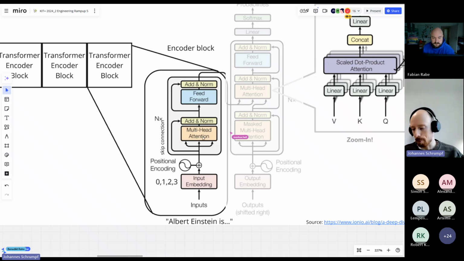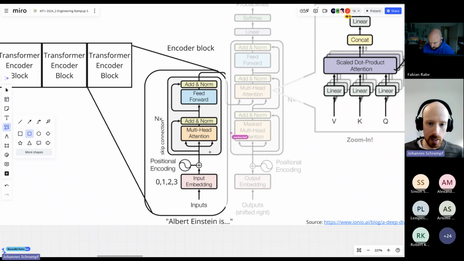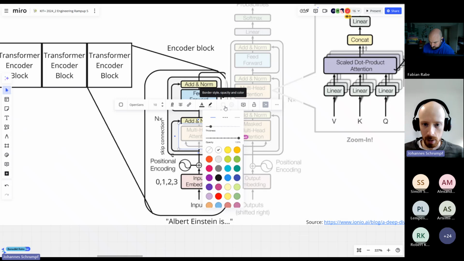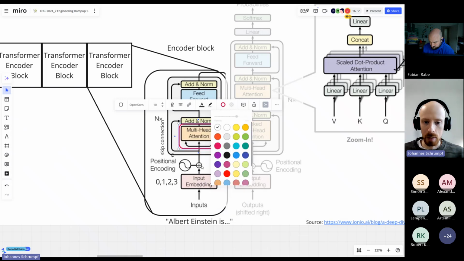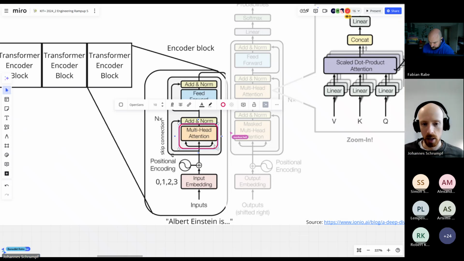We do this because sometimes, especially when dealing with highly parallelized networks, maybe this multi-head attention block, let me color code this one in red, maybe this multi-head attention block in itself is already overfitting on our data.